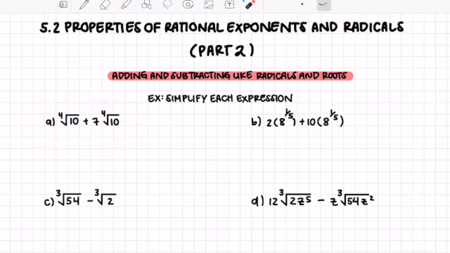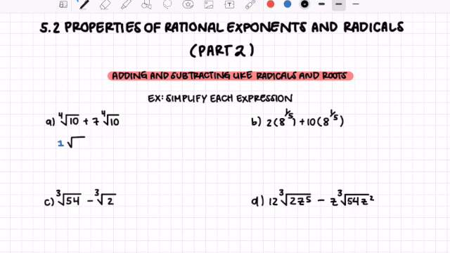So if we have the same index and the same radicand on the inside, then what we can do is we can combine the outside coefficients. So over here, if you don't see that there is a coefficient on the outside, you can always write down an imaginary one first.